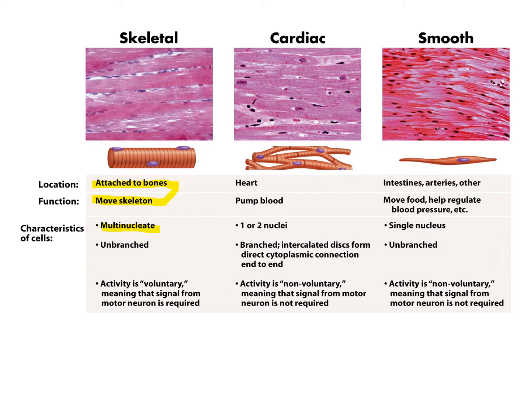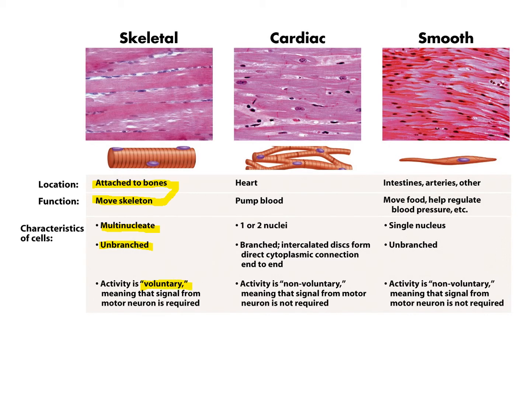They are long, multinucleated, unbranched fibers. Because of the fusion, the multiple nuclei are pushed to the outer edge of the cylindrical shaped skeletal muscle fiber. The activation of this tissue is voluntary.